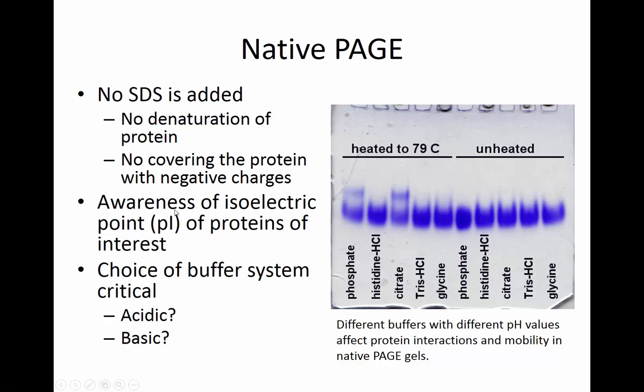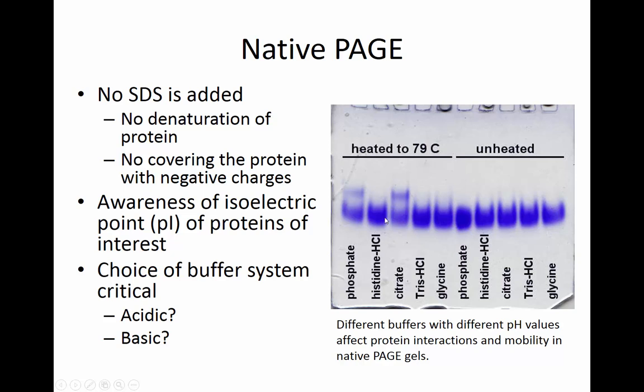It helps to have an awareness of the isoelectric point of your protein, because that's how you want to choose your buffer system. That's the critical thing, whether it's acidic or basic. Different buffers with different pH values will affect the interactions and the mobility in native PAGE gels.